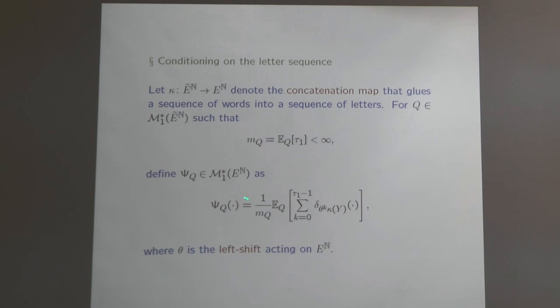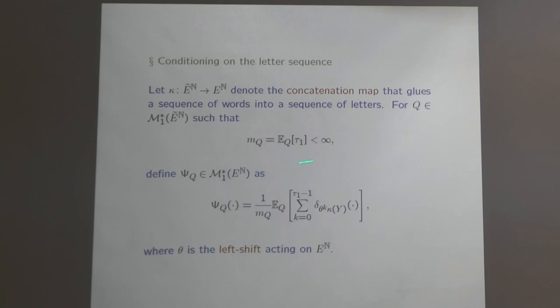So you have to think of this psi Q as a probability measure that is shift invariant now on the sequence of letters that is induced by the concatenation map from the sequence of words. So I'm saying you are giving me a stationary sequence of words, whatever it is, glue them together, randomize the beginning a bit. What you get is a stationary sequence of letters, and the law of that stationary sequence of letters is psi Q. That's all that you have to remember.